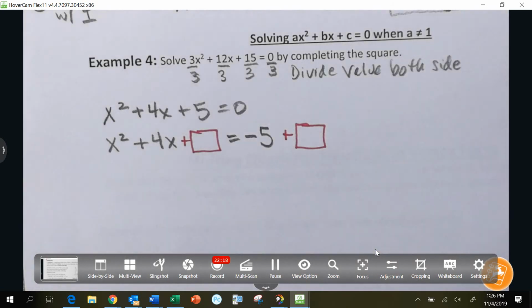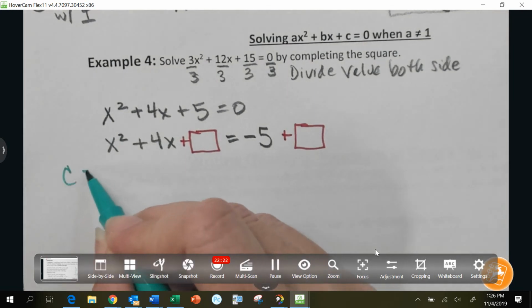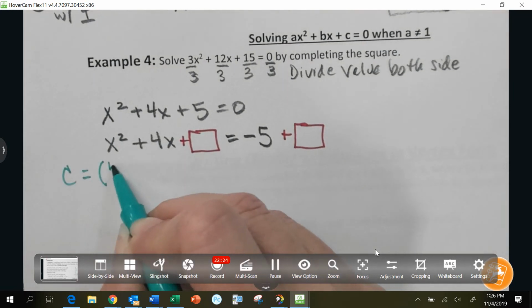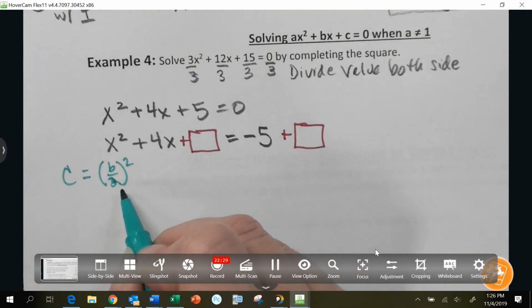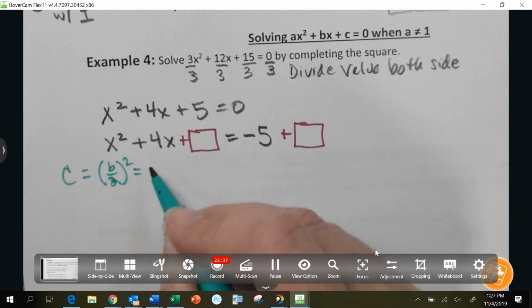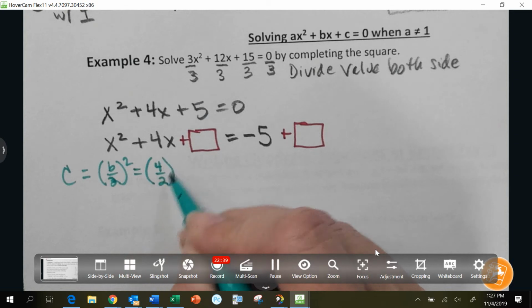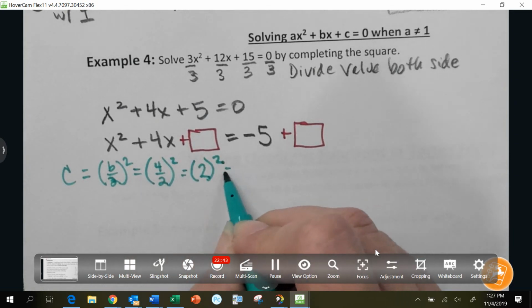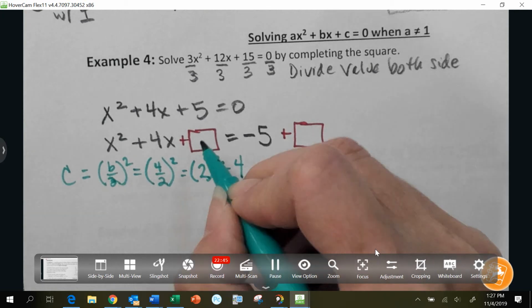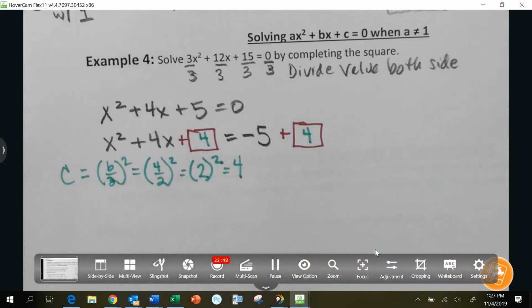I need to find C. So C equals, we do B over 2 squared. Why do I have to keep writing this formula when it's at the top of my paper? So we don't forget. You need to keep writing it so you can remember it. So we're going to do 4 over 2 squared. That gives me 2 squared, which is 4. So I'll put in 4 to both squares.